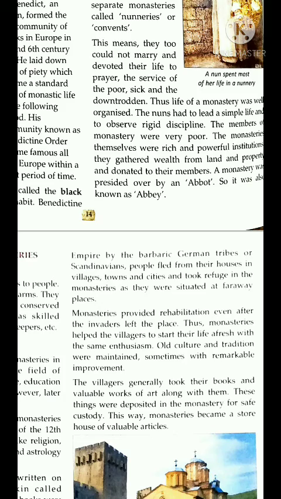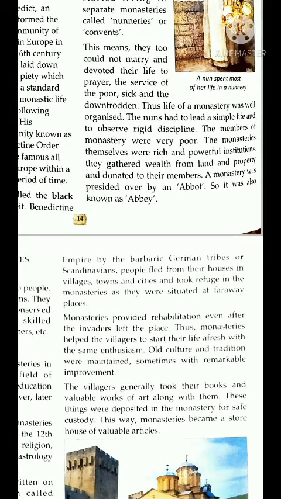So these monasteries were ruled over by a person known as abbot.